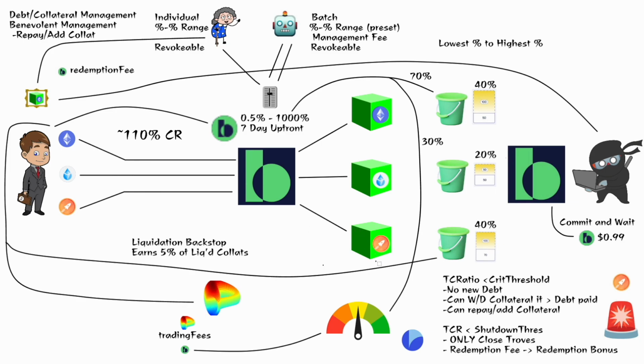So that means repay everything and close it. And then the redemption fee that he has to pay actually becomes a redemption bonus. So he puts $1,000 and he's going to get $1,005 worth of collateral when he redeems while it's in this shutdown threshold phase.